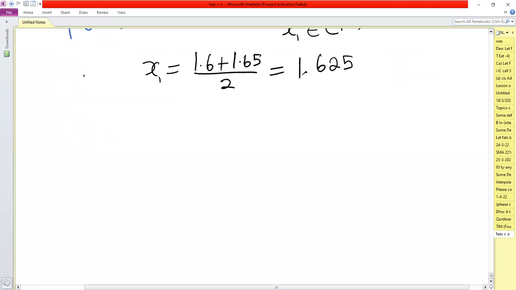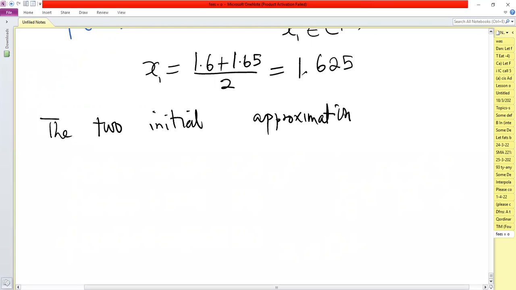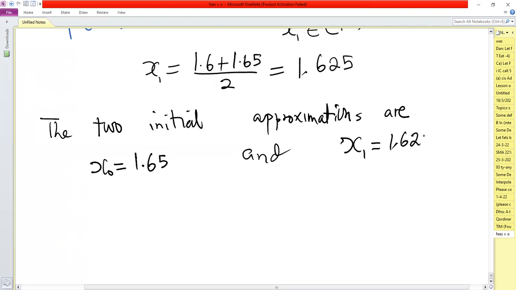So therefore, the bisection method has helped us to get the two initial approximations to our root. The two initial approximations are x0 equals 1.65 and x1 is 1.625.